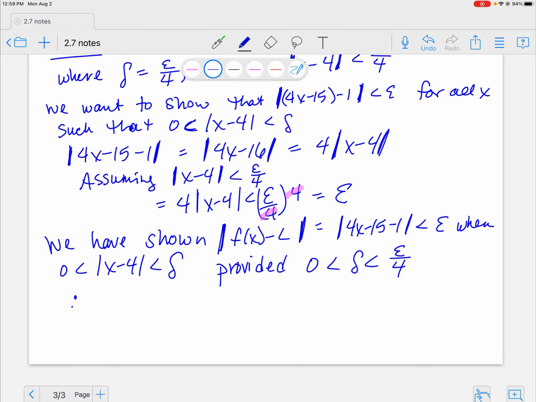Therefore, the limit as x approaches 4 of 4x minus 15 equals 1.